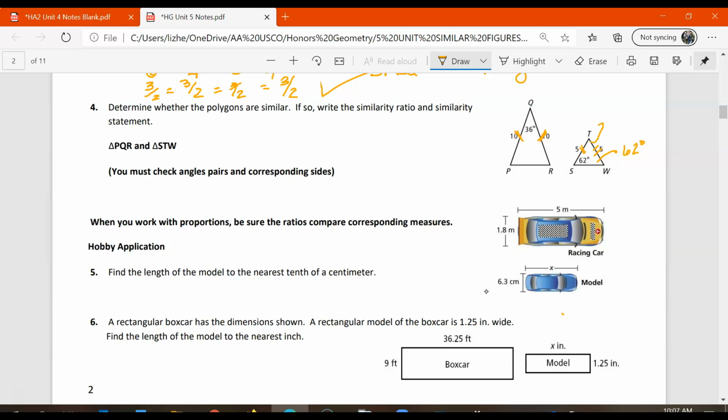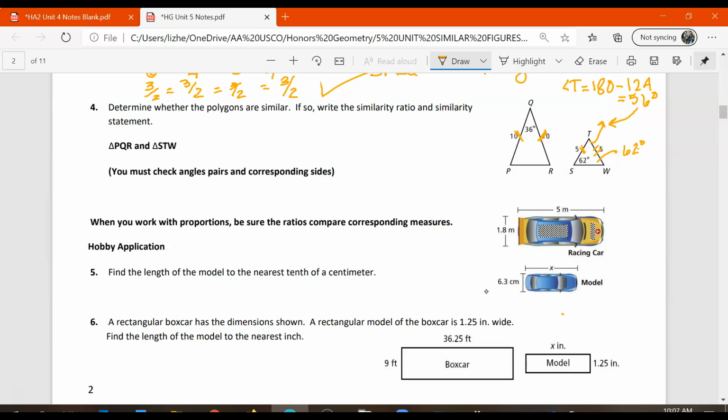What is this angle? Well, if these two are 62, then angle T is going to equal 180 minus 62 minus 62, or minus 124. And that would be 56 degrees right there.